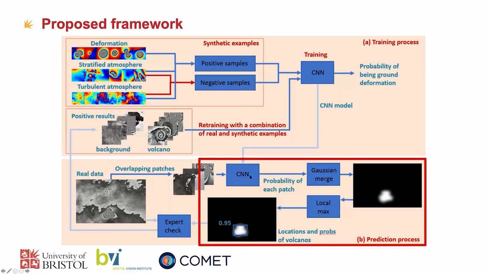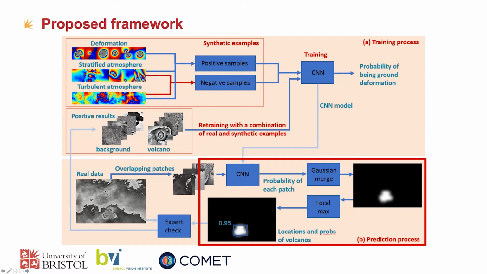After you get the probability of each patch, we merge those patches together using Gaussian merge. So finally we get the probability map. The dark areas mean the probability is very low, and the brighter areas mean the probability is very high.